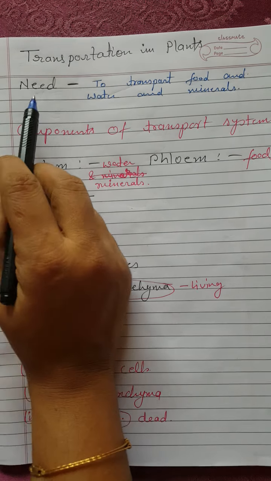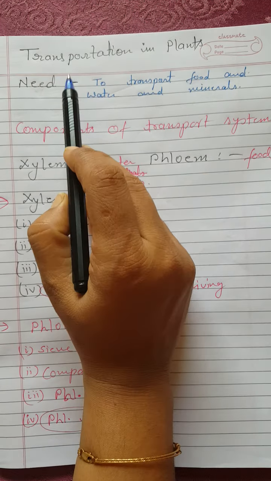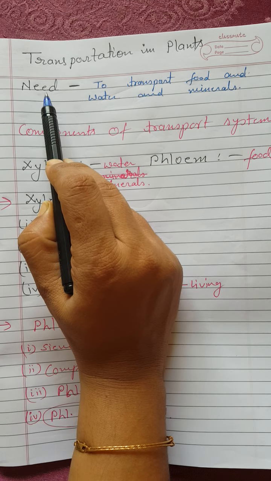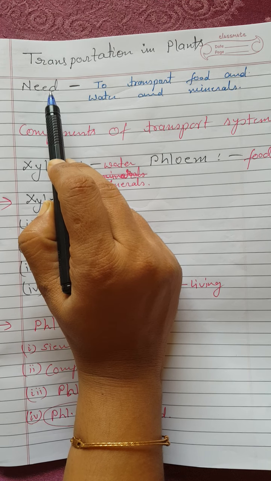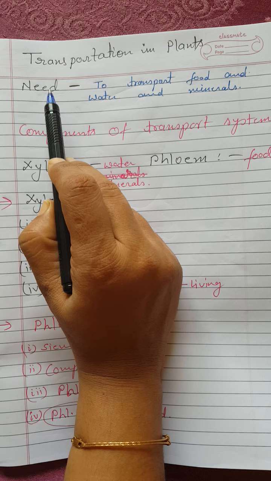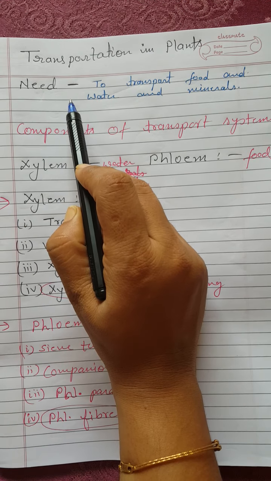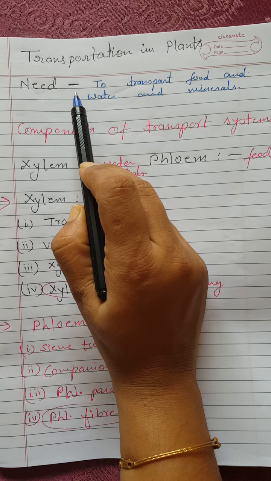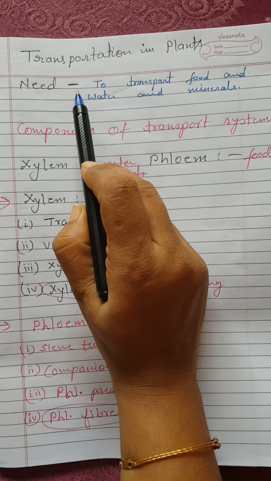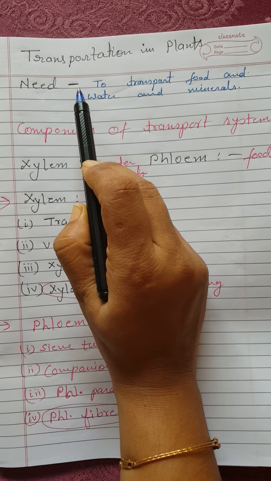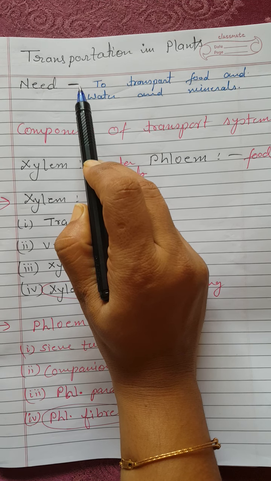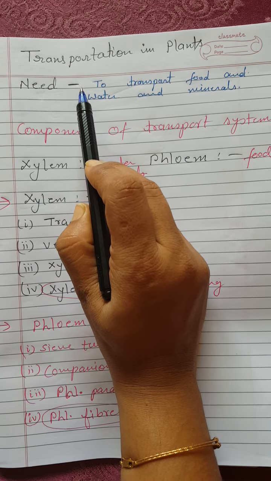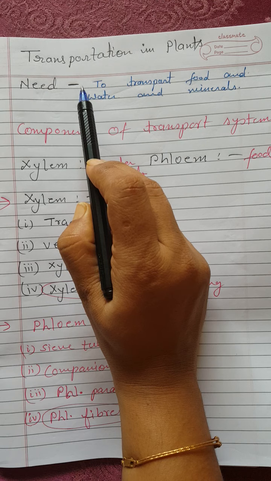So, transportation in plants. The question arises, why do we need a transport system in plants? We all know that plants synthesize their food in the presence of sunlight by taking carbon dioxide from the environment, but this food is synthesized in the green part, that is the chlorophyll of the leaves.